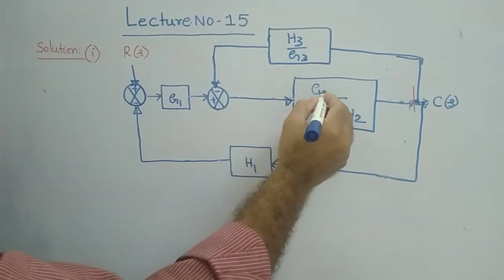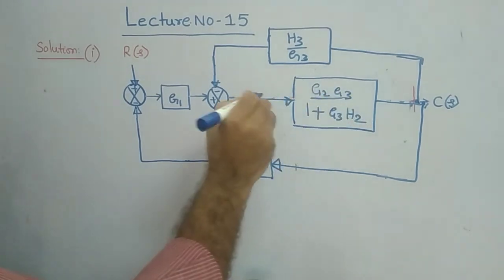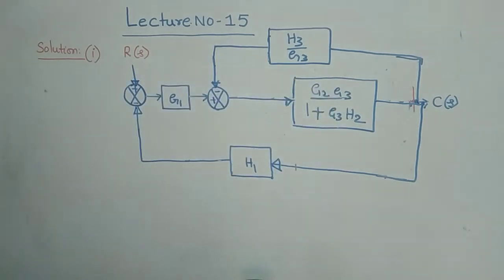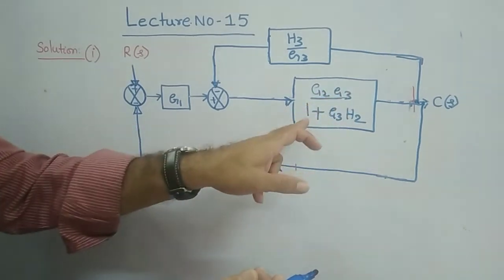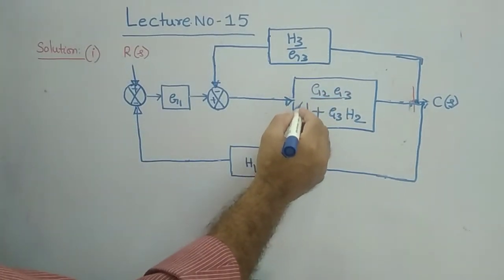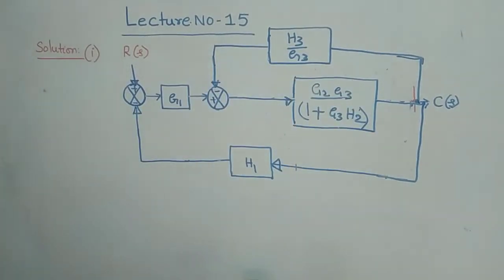It is G2 into G3 because this G2 comes in series with this, therefore both will be multiplied. Now here, G2 into G3 by 1 plus G3 into H2. So this is your block now. Okay, it is simplified like this.